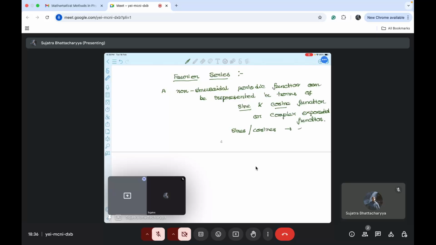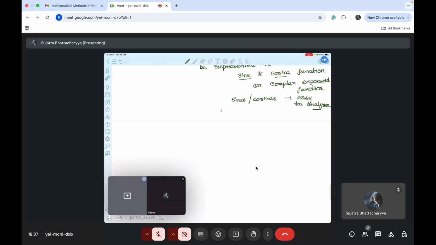That's the reason why we require the Fourier series to convert any non-sinusoidal periodic function to sines and cosines. Why sines and cosines? Why not any other functions? We will see why we do that.